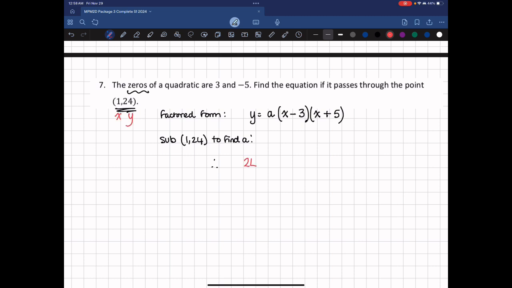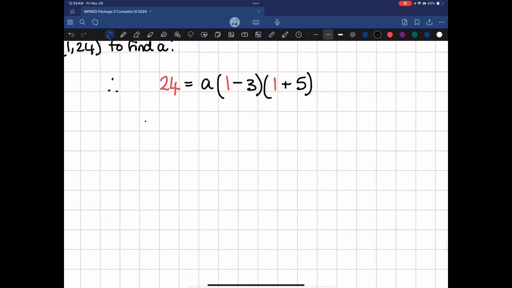So we have 24 equals a bracket, and then we have x, which is 1, whoops, wrong color, 1 minus 3 bracket 1 plus 5, like so. And now let's simplify. So therefore 24 equals a bracket -2 bracket 6.